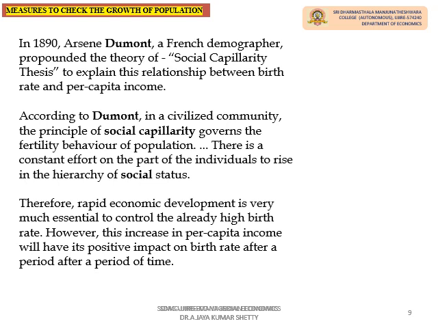There is a constant effort on the part of the individual to rise in the hierarchy of social status. Therefore, rapid economic development is very much essential to control the already high birth rate. However, this increase in per capita income will have its positive impact on birth rate after a period of time.